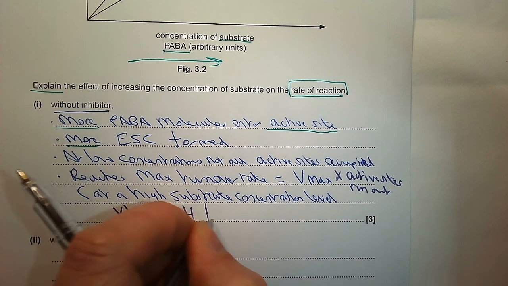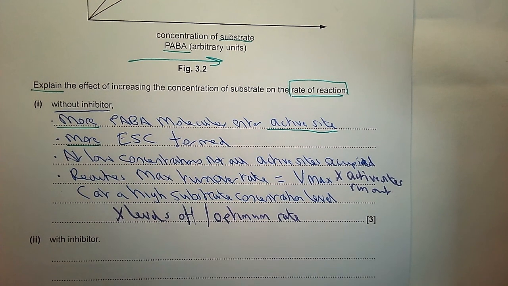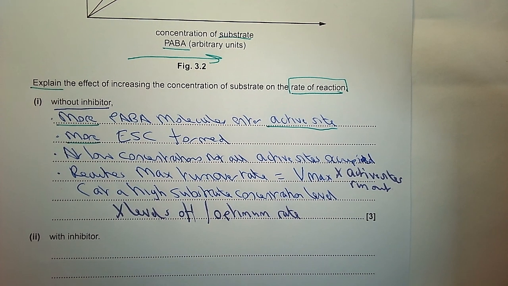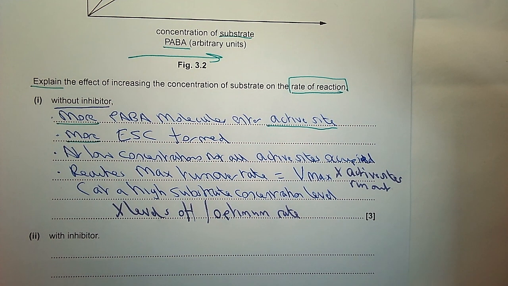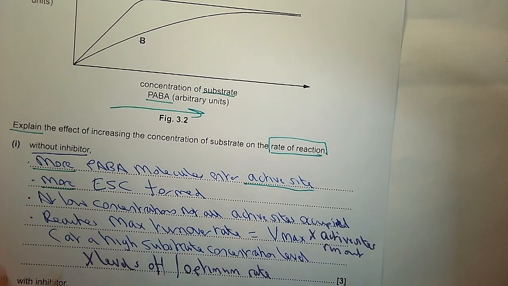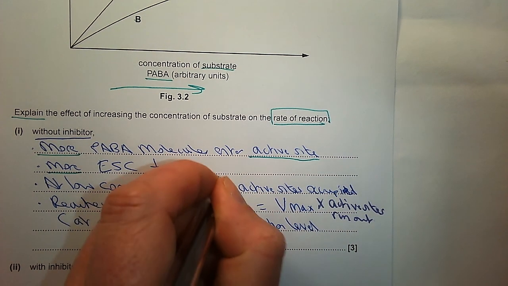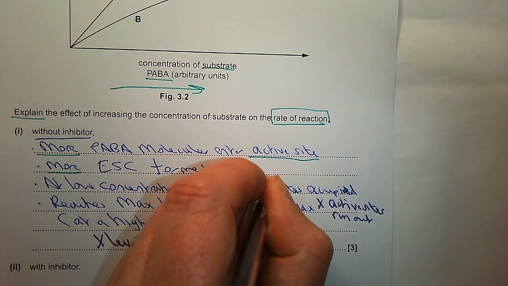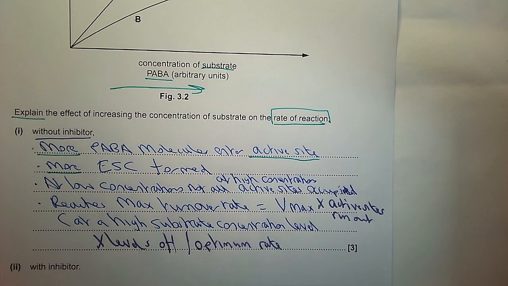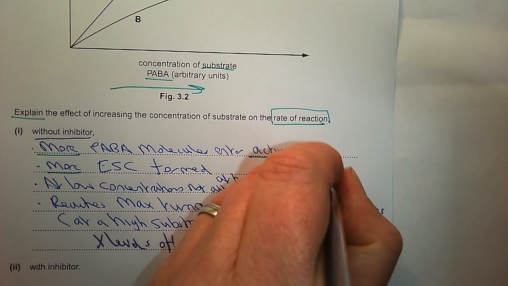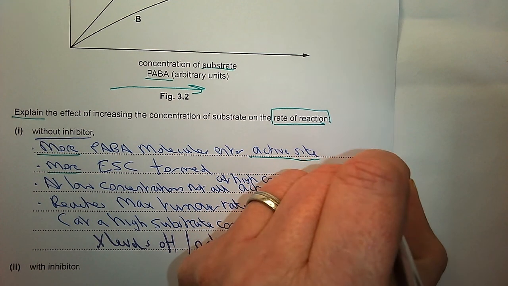And don't say it's the optimum rate. We want to be talking about Vmax. I forgot to say here, at low concentrations, not all the active sites are occupied. At high concentrations, all active sites are occupied.